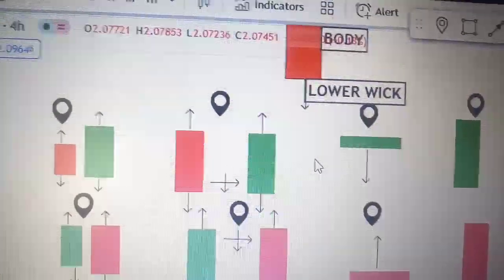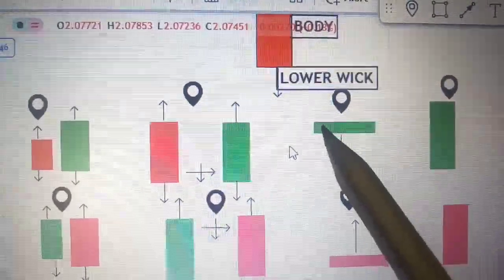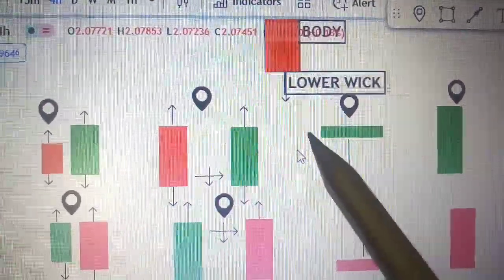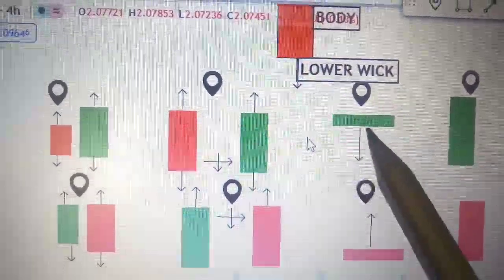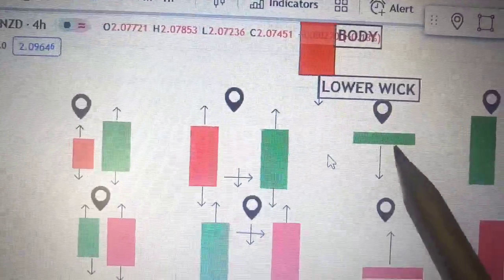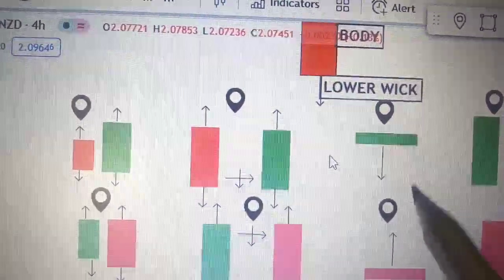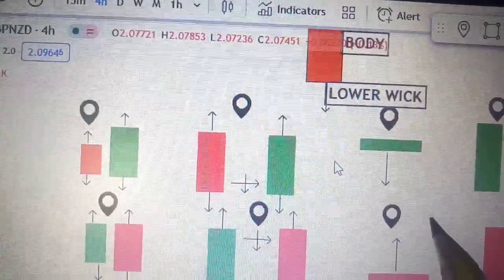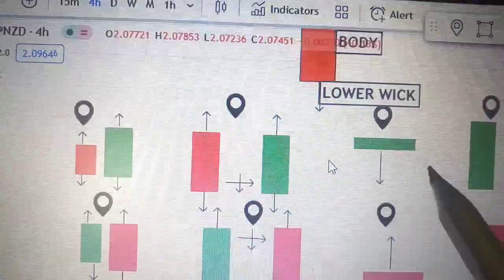And with this type of candlestick, don't joke with it because it is very powerful despite it looking so small. It is a very powerful candle, and it suggests that there is presence of buyers in the market. The body is so small and the wick can be even 2 times longer than the body. So this is called a dragonfly or hammer.